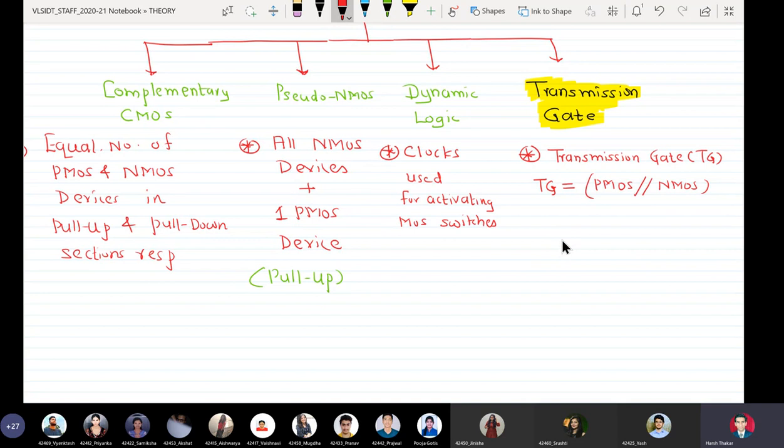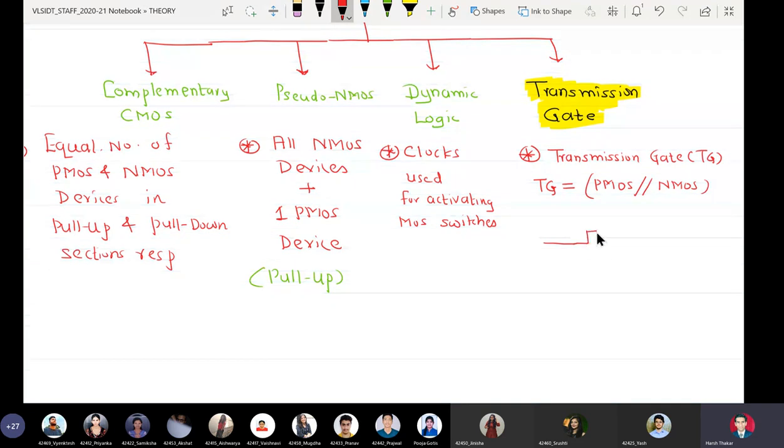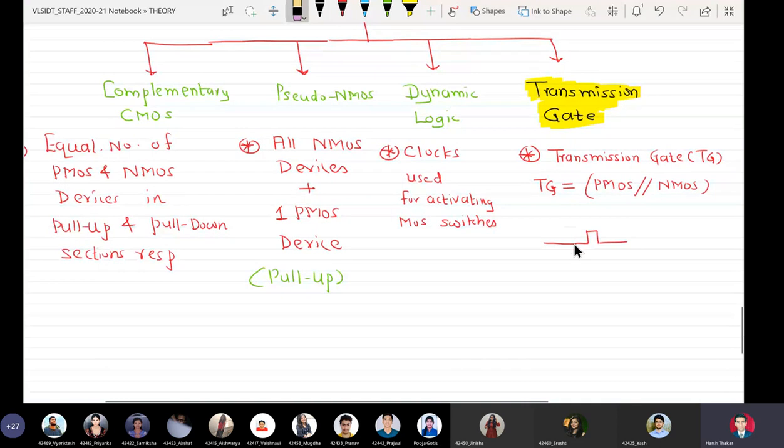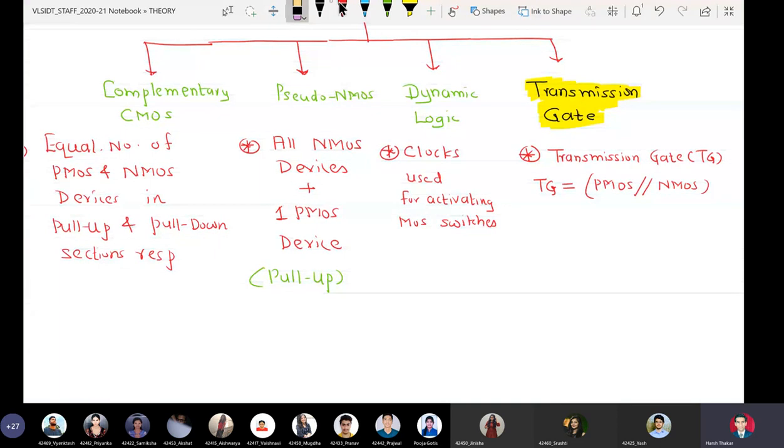If I connect PMOS and NMOS in parallel, it becomes a transmission gate. You have an assignment in part B for this.